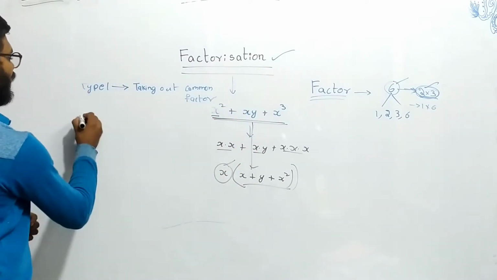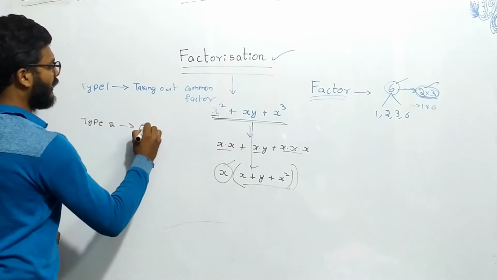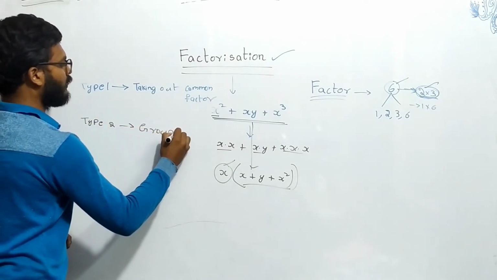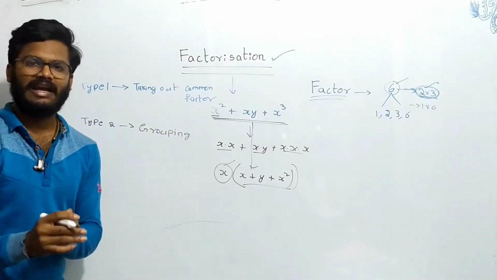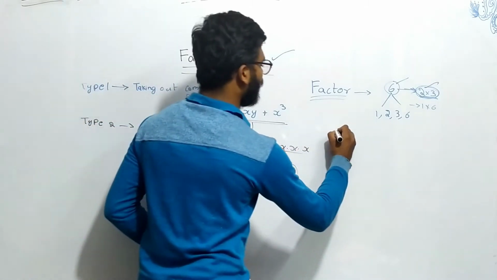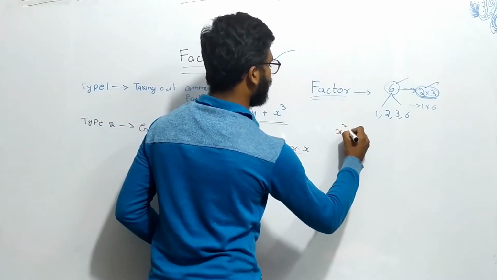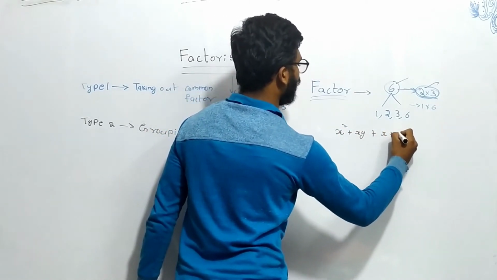In the same way, type 2: grouping method. What is it? By grouping. This we will use when we don't have a common factor in all the terms. Suppose I write x square plus xy plus x plus y.